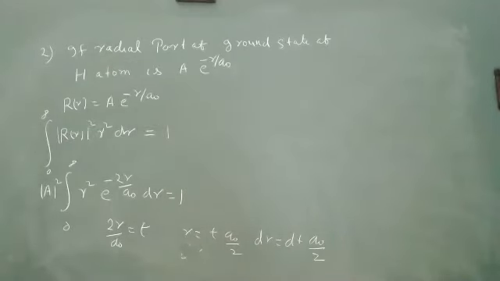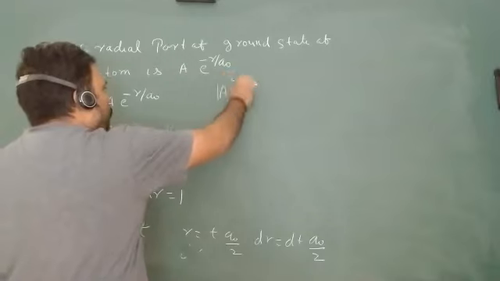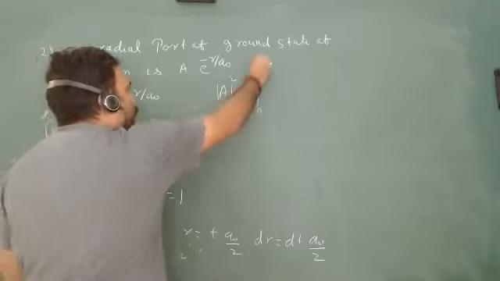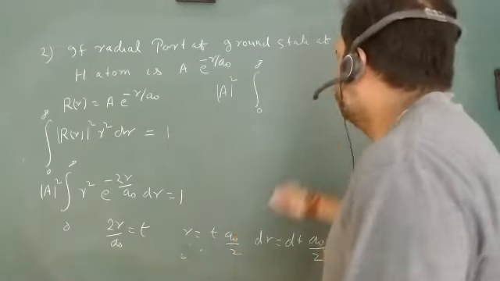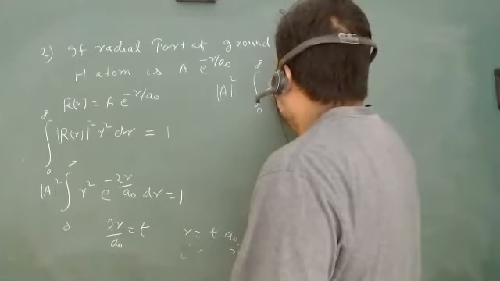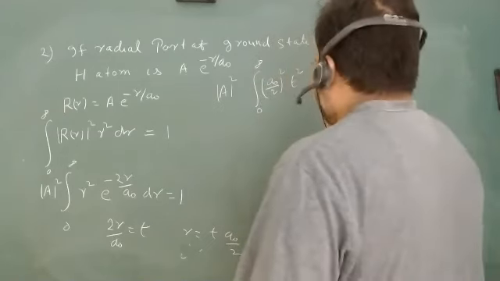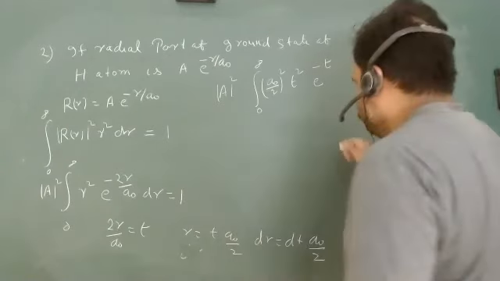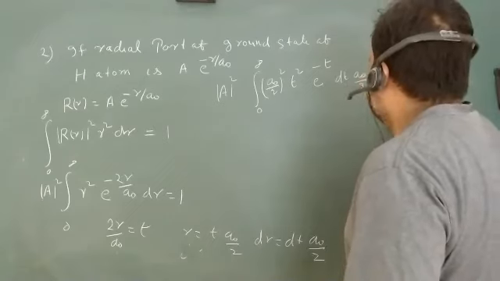Are you getting this thing? So let's put all these values here. Mod A square, and when you go for the integration, r is equal to t a naught by 2. So this will be a naught by 2 whole square t square, and here e to the power minus t, and dr is equal to dt a naught by 2, must be equal to 1.